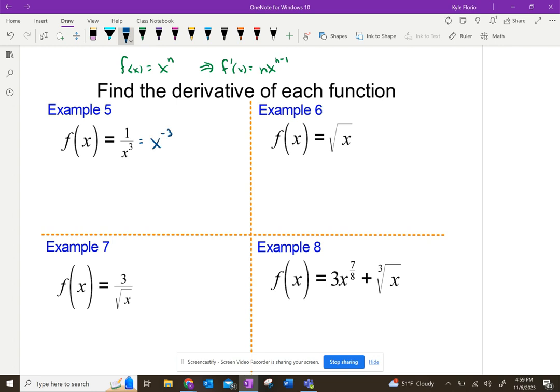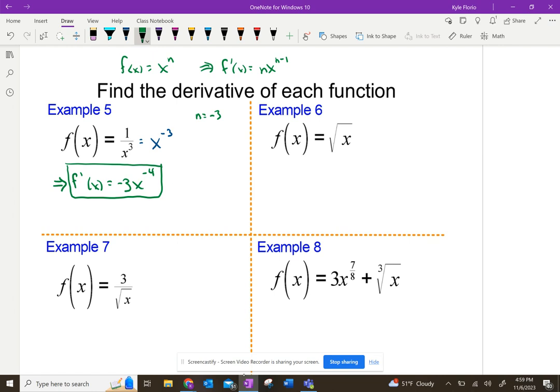Cross the line, change the sign. That's how we define negative exponents. So now that I have rewritten the function, n is negative 3, so the derivative is going to be negative 3x to the negative 3 minus 1. And negative 3 minus 1 is negative 4, so be careful with that. It's negative 4. And that's it.